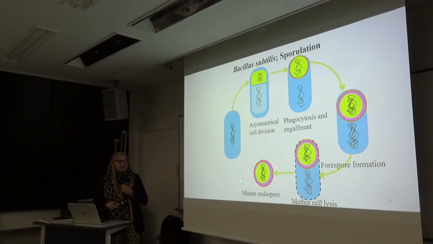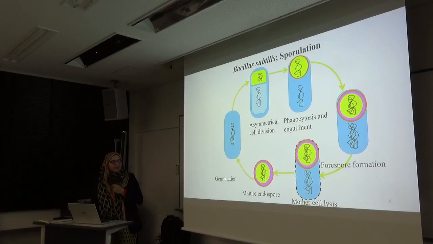When this mature endospore roams in the environment, as soon as it comes across some favorable condition, for example nutrients, peptides, or anything else which can activate the germination process, germination begins. So what is germination? Germination is the conversion of this endospore back to the vegetative cell.